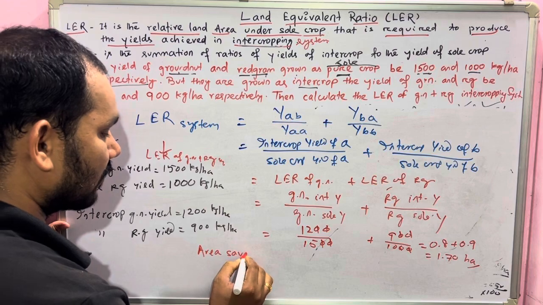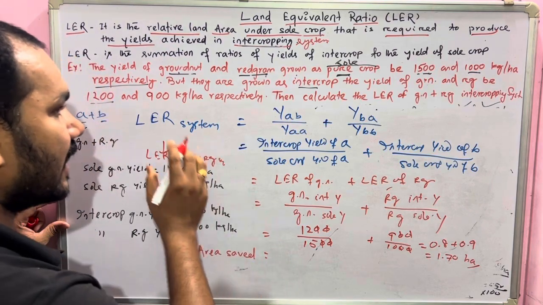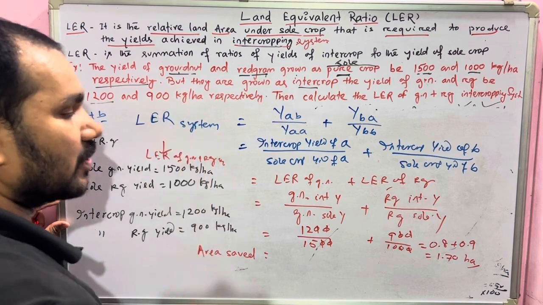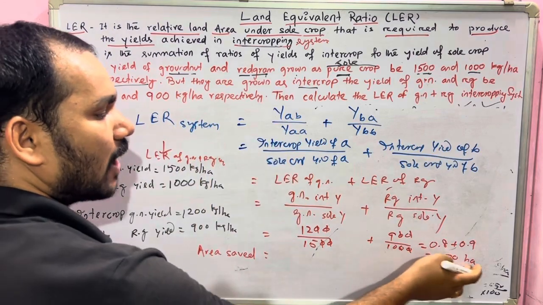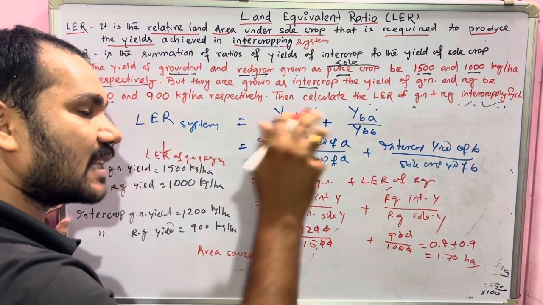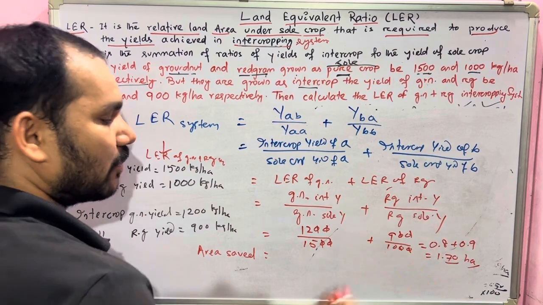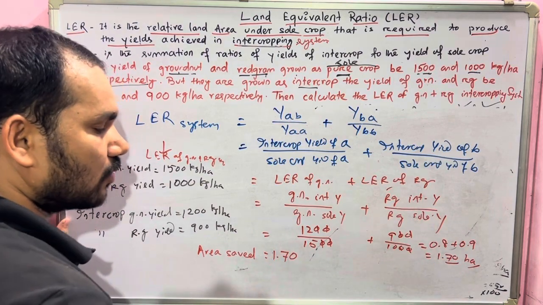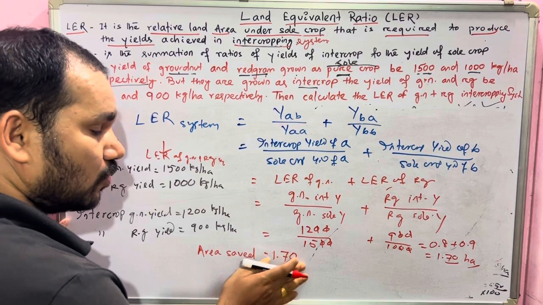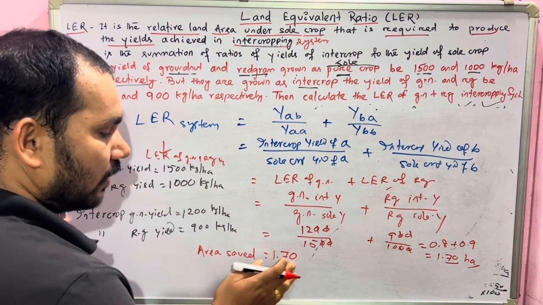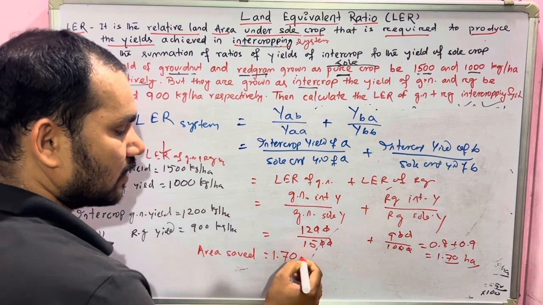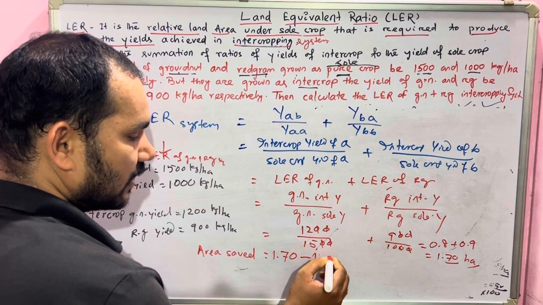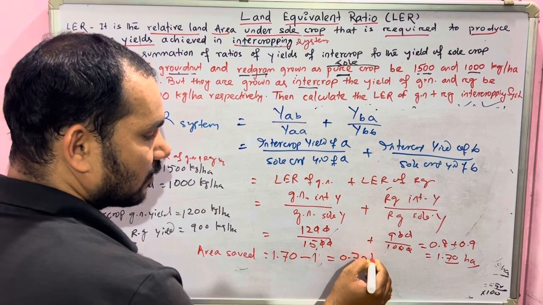Whatever area I get from 1 hectare in case of intercropping, how much area is required in case of sole crop to get the same amount of yield? 1.70. So area saved is equal to the area required to produce the same yield in sole crop minus the area I actually required, which is 1 hectare, so 0.70 hectare.